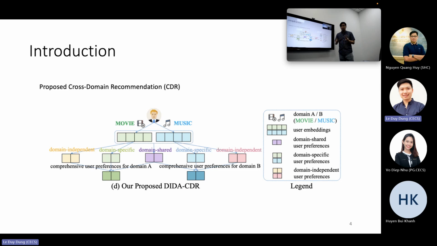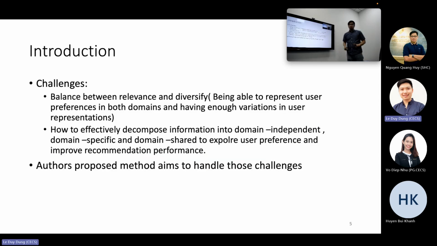The second challenge is how to decompose the information of the movie domain and music domain into three smaller domains. So there are two challenges the authors would like to deal with.